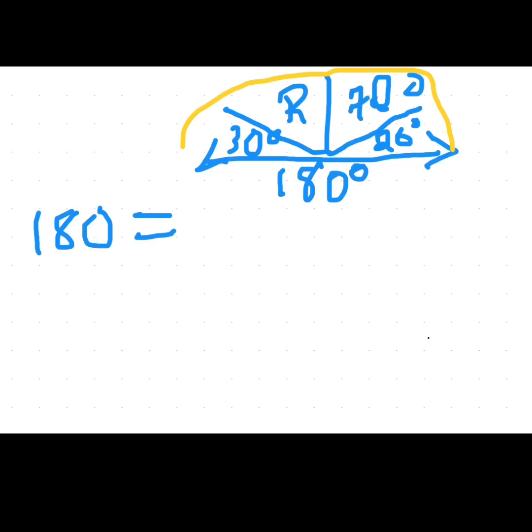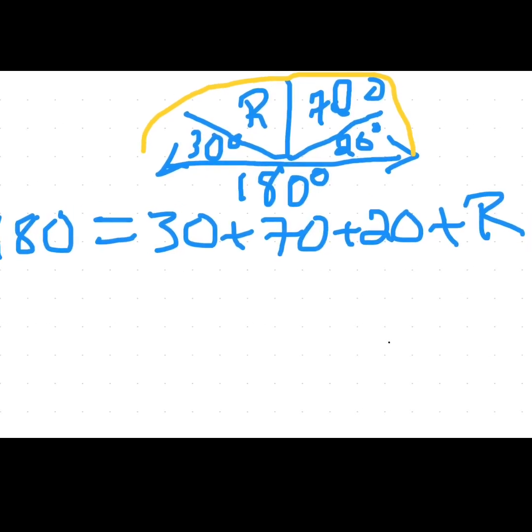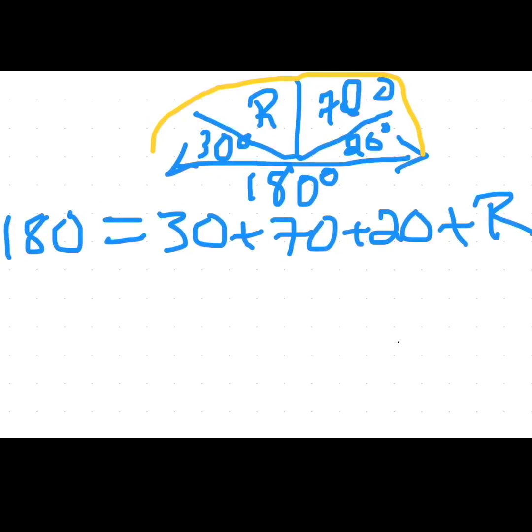So it'll look like this. 180 equals 30 plus 70 plus 20 plus R. I would suggest putting all the numbers together and then writing your R, just because it's easier to look at them all grouped together. How do we figure this out? We want to figure out what this R is, so we have to get him equal to 180 all by himself.